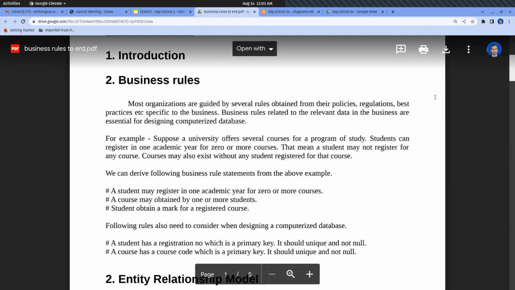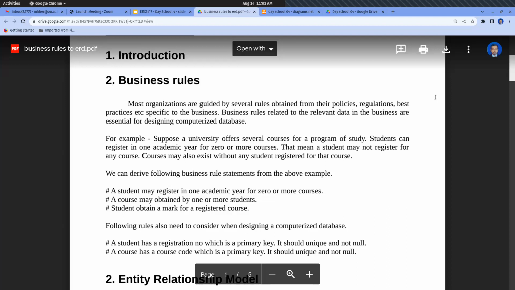But a course may be obtained by one or more students. And there may be a new course or old course with no students registered.